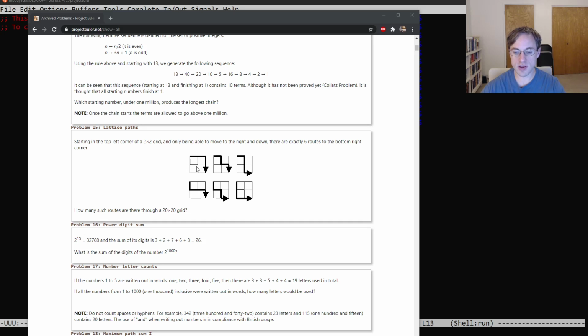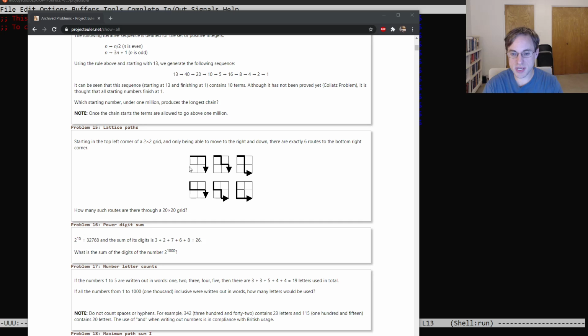And so the number of routes to a particular intersection must be the number of routes to the intersection to the north plus the number of routes to the intersection to the west. And this is the insight that we built our solution on last time.